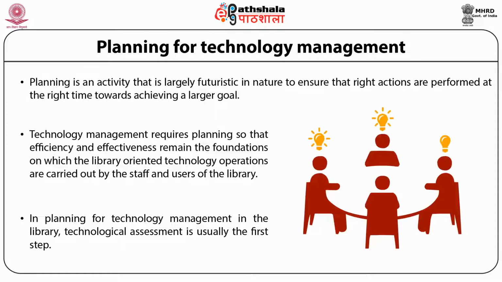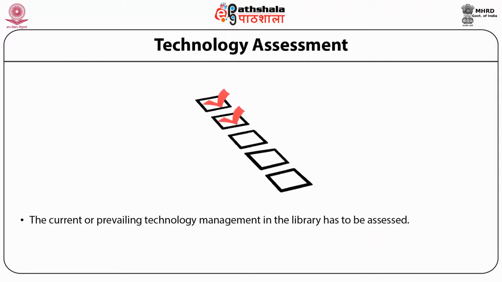We need to assess the technology that we have in the libraries. This can be considered as the first step for planning for technology management. The current and prevailing technology in the library has to be assessed.